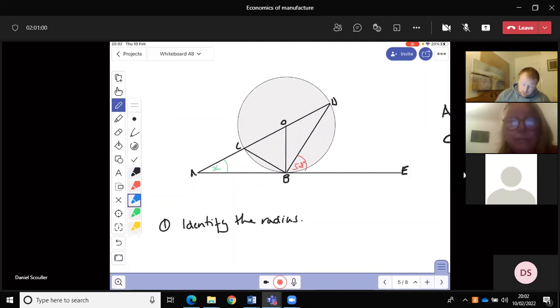What do we know as the radius? O is the centre of the circle. So O to D is a radius, O to C is a radius, and O to B is a radius.